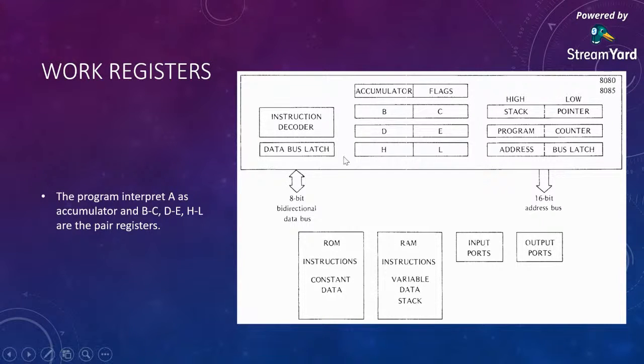Remember that the microprocessor has an 8-bit bidirectional data bus and a 16-bit address bus. But it is not taboo to use 8 bits with a friend to get 16 bits and process as if you have one 16-bit register.